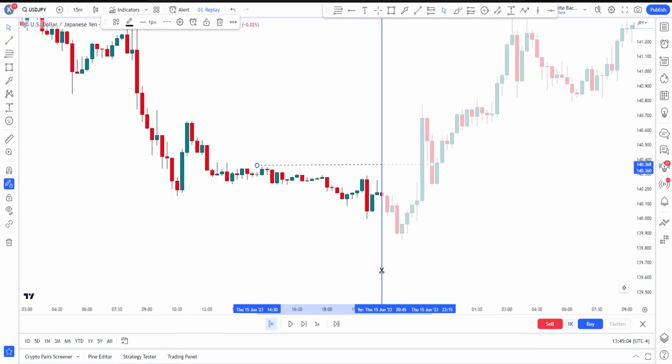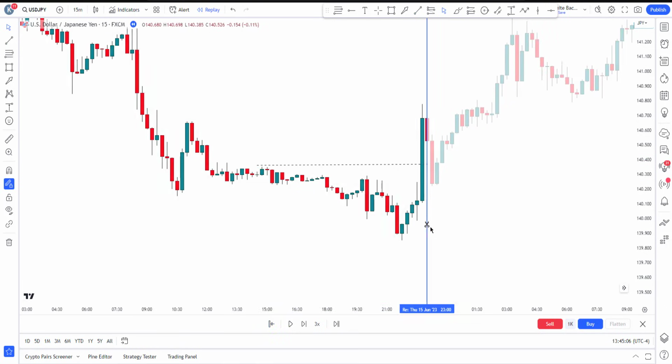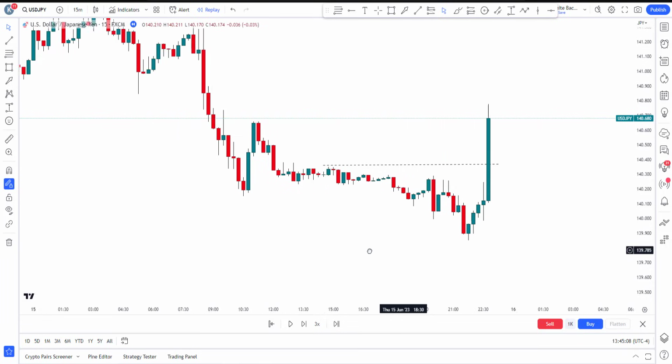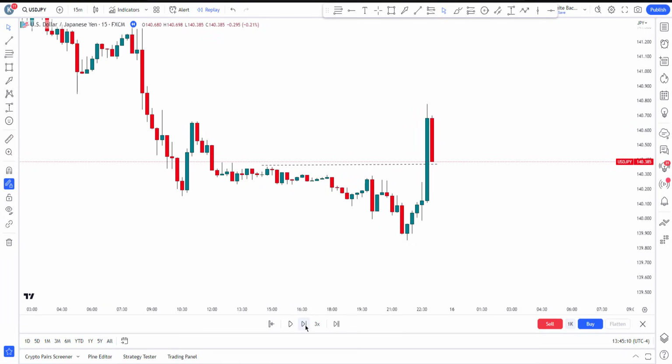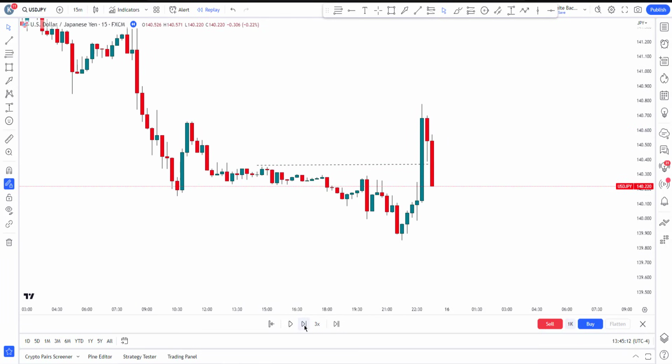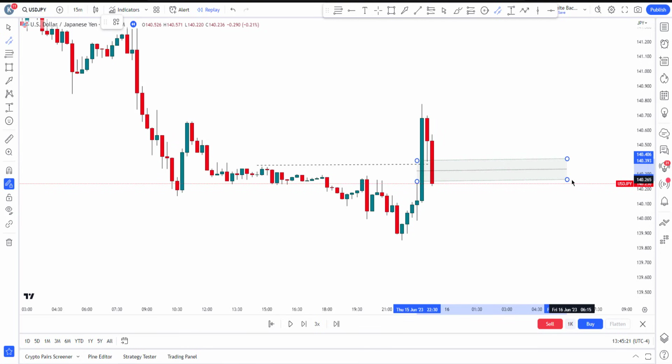Then price pushed above here. Okay, so we could have entered at this fair value gap right here. Why are we entering from that fair value gap? Because we know price will not go further than this.